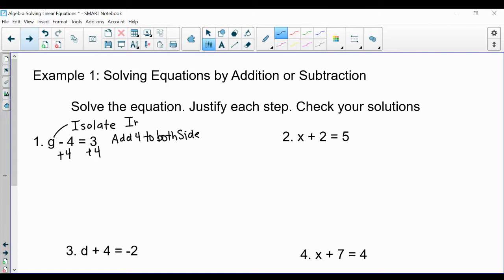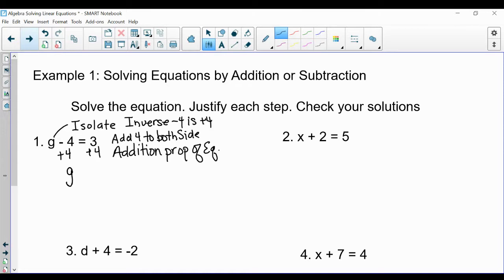So the inverse of a negative 4 is a positive 4. So that's why I added 4 to both sides. The reason that I'm doing this is the addition property of equality. We're going to just make some abbreviations there.